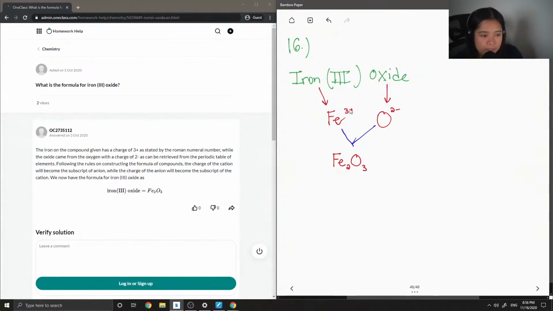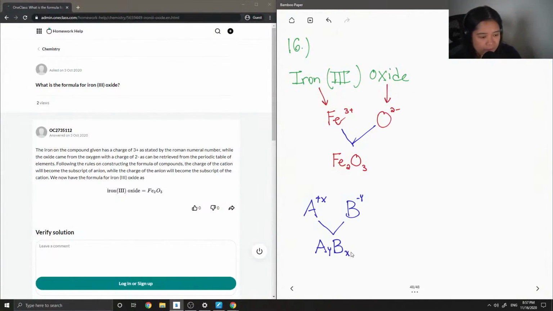So some people like to show it as if, just generally speaking, I had an element that had a charge of plus X and another ion that had a charge of minus Y. If these were to come together, the subscript of the first ion would have the same value as the charge of the second ion, and then the second ion's subscript would have the same value as the charge of the first ion, if that makes sense.